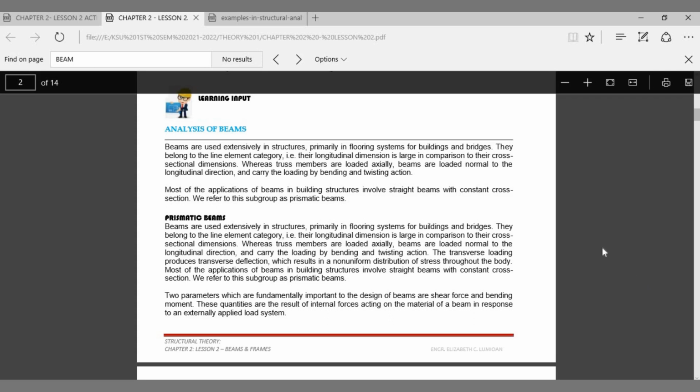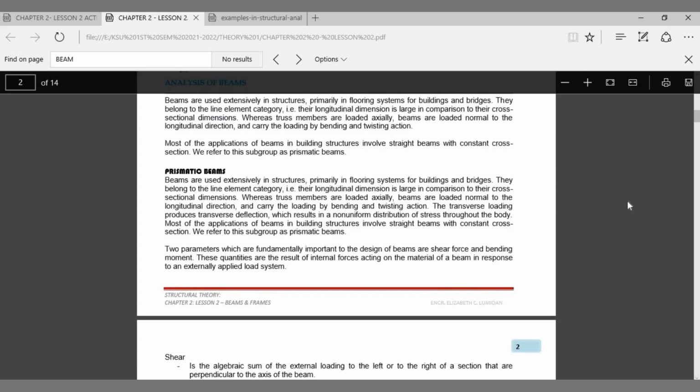Okay, so let's start with lesson 2 for chapter 2, which is the analysis of beams and frames. Why did I combine beam and frame? Because the analysis of frames is the same as the analysis of beams. So let's start with the analysis of beams. Now, we have prismatic beams.